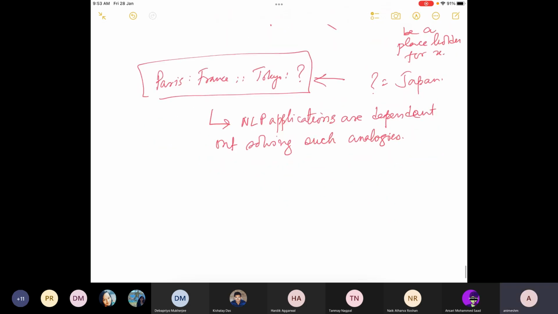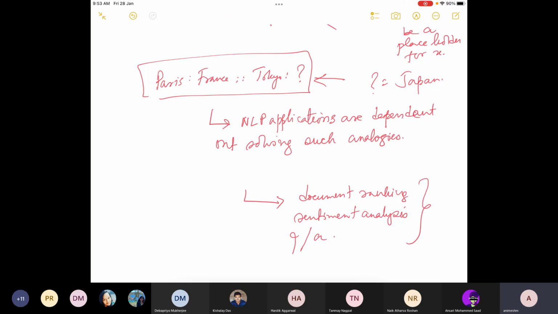Okay. Now, this could help in document ranking, sentiment analysis, question answering. So, in all these types of downstream NLP application tasks, these kind of embedding properties are very, very handy.